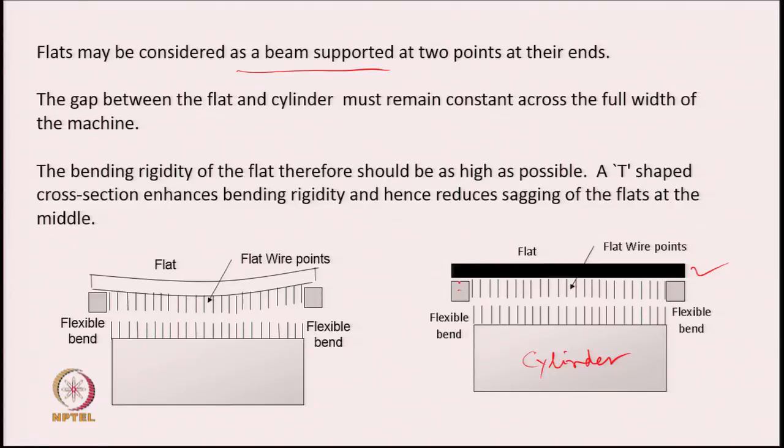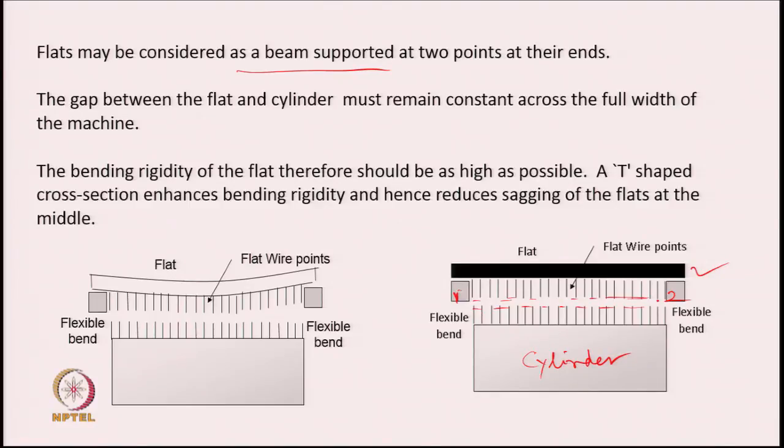So, the two ends of the flats are supported on two flexible bends, this bend number 1 and let us say this is bend number 2. The gap between the flat and the cylinder must remain constant, and this gap from one end of the machine to the other end for a particular flat should remain constant.